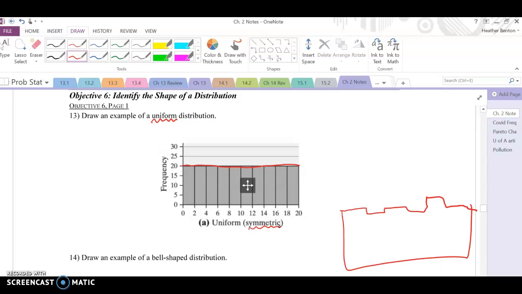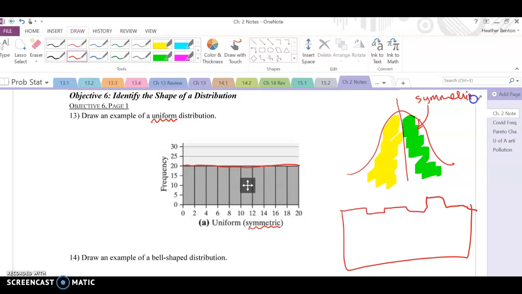You know from geometry class, and we're going to talk about the bell-shaped curve in a minute, that it's symmetric because the left-hand side is an exact mirror image of the right-hand side. That's what it means to be symmetric, the mirror image. And so the uniform distribution is one type of symmetric distribution.